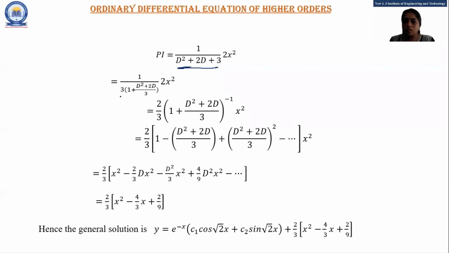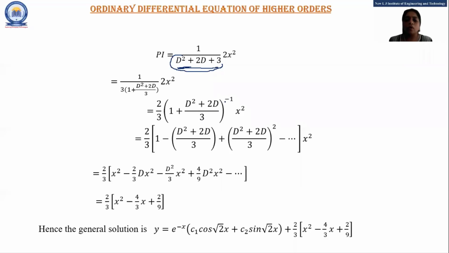If there is no constant term, then we have to take the lower power of D common. So if we take 3 common, then I have 1 plus (D square plus 2D) by 3, and if I put this bracket in the numerator, then this is (1 plus (D square plus 2D) by 3) raised to minus 1, right?